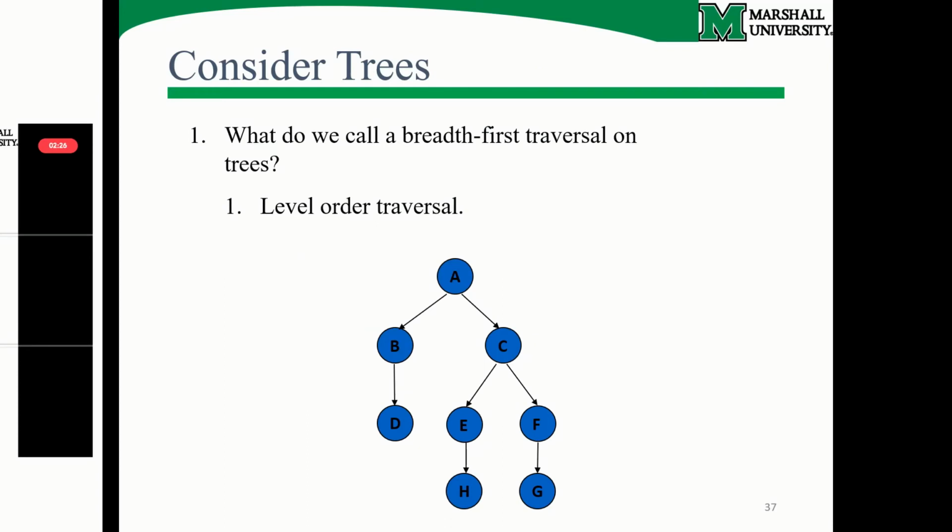If we consider a breadth first search on a tree, what will it look like? It will look like a tree level traversal. If we start from the root A, all the one distant nodes from A are B and C. So we will visit B and C. The two distant nodes from A are D, E and F. So it will look like we are visiting all the nodes level by level.